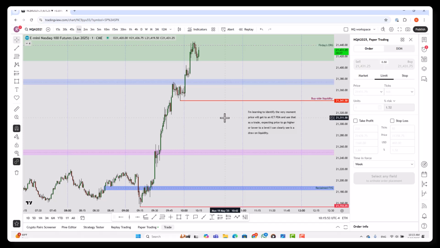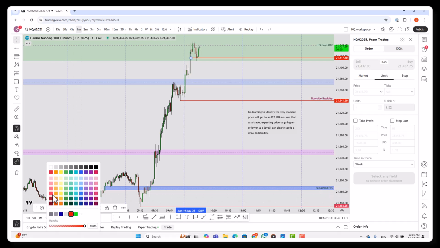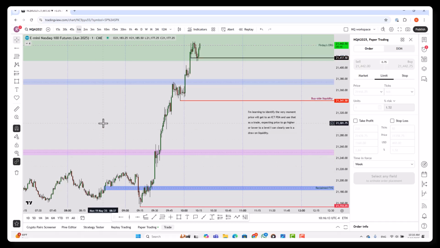Okay, let me note the fair value gap. We can see here that every swing high that forms, price returns to a fair value gap and blows it.